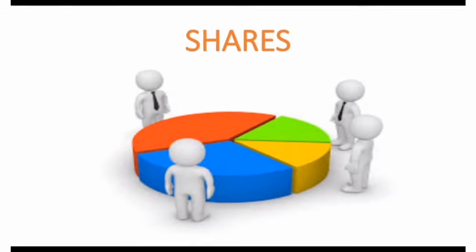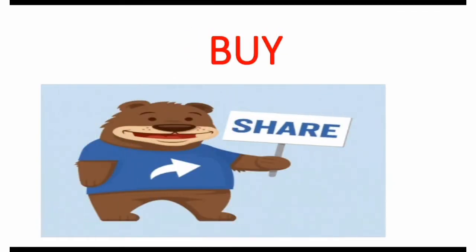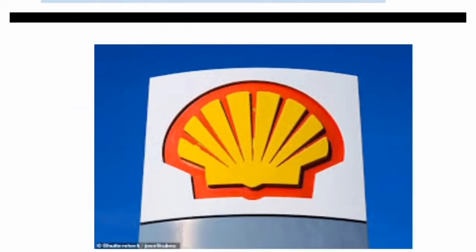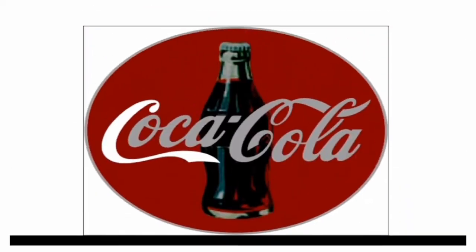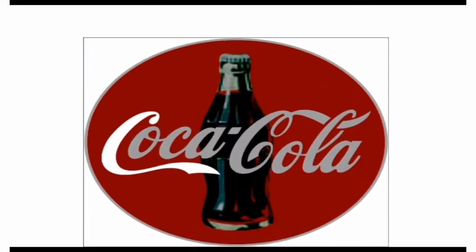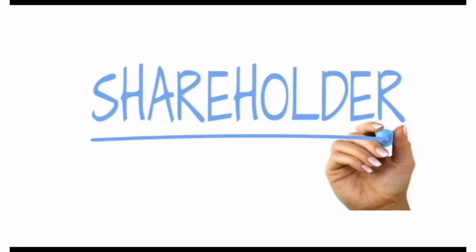Companies who wish to sell shares place adverts on televisions and newspapers. Companies like Shell, companies like Coca-Cola, they all sell shares. People who buy shares are called shareholders.